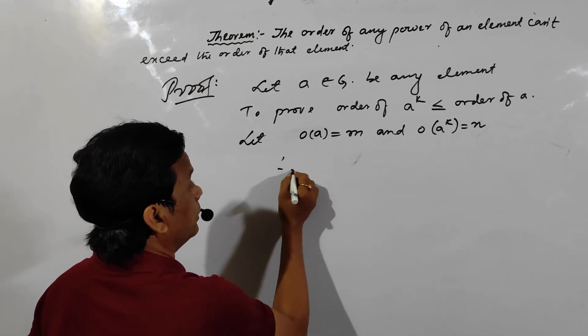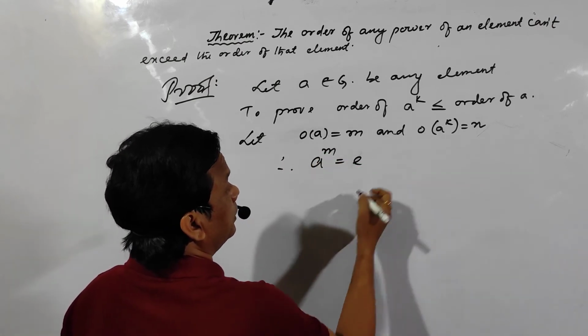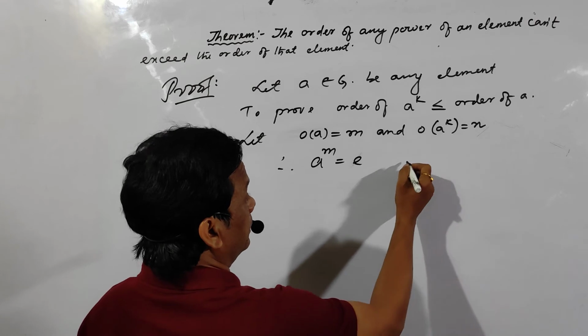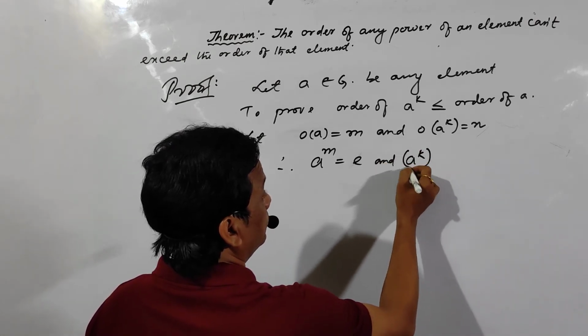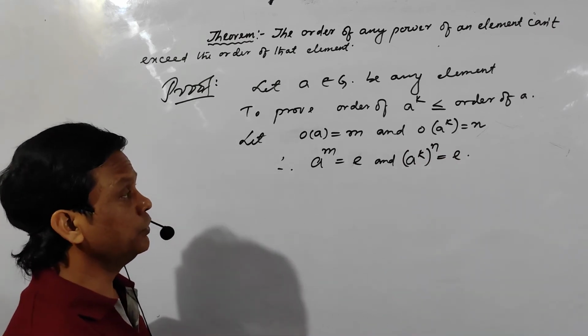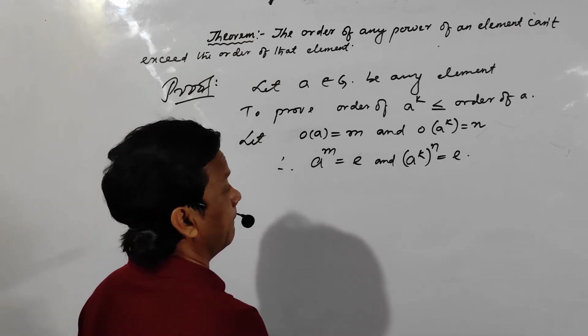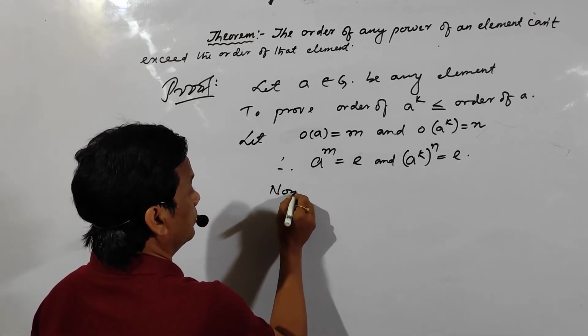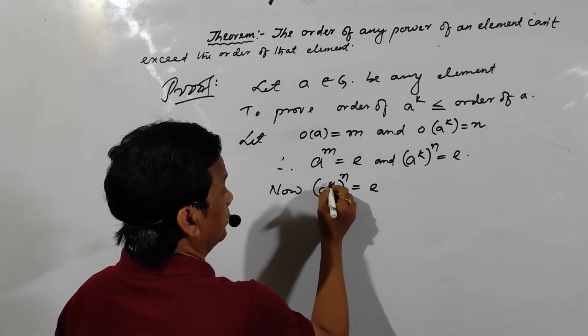So if order of a is equal to m, that means a to the power m is equal to e, and here (a to the power k) to the power n is equal to e. Is that clear to you? Now, how to do this one? Who can tell me?